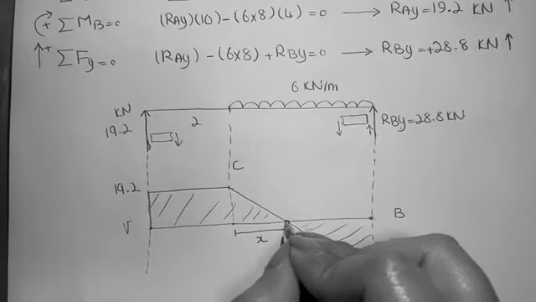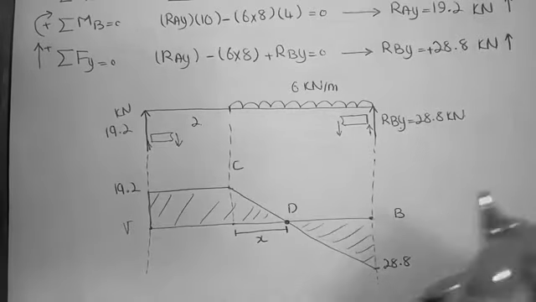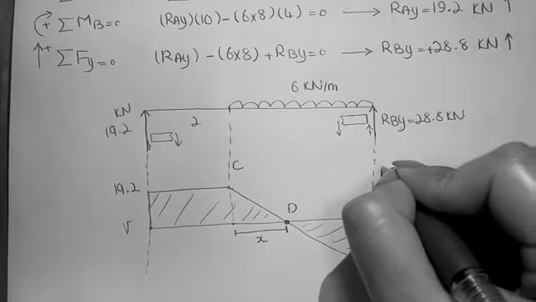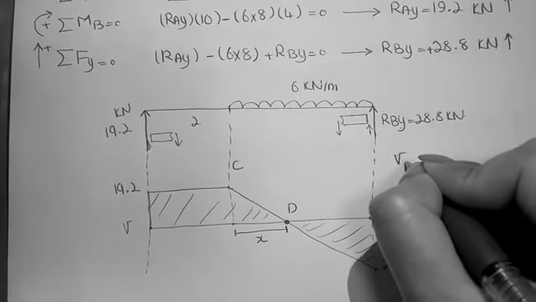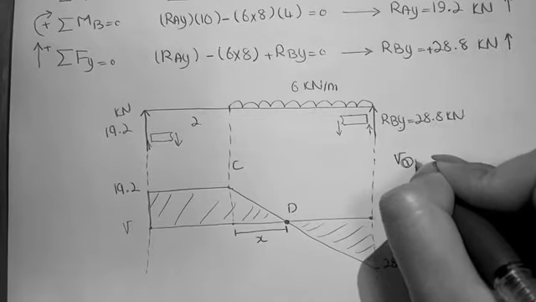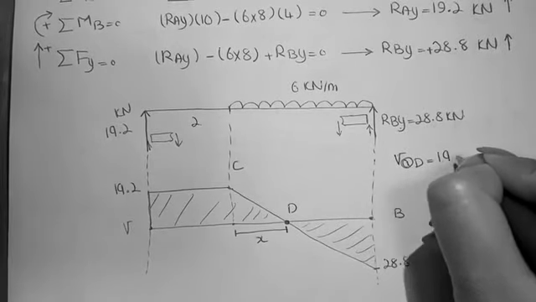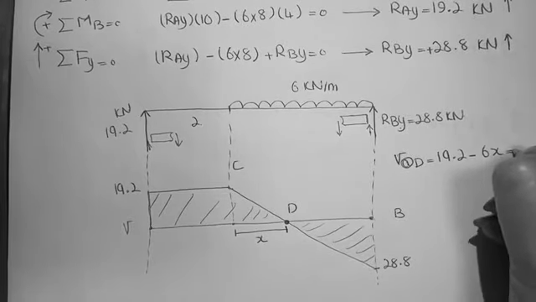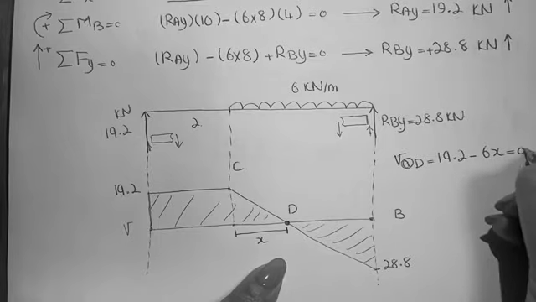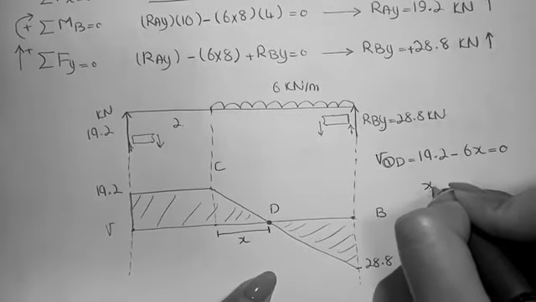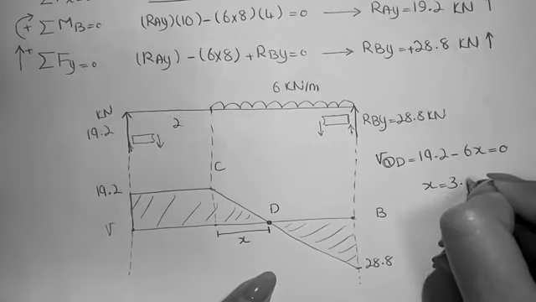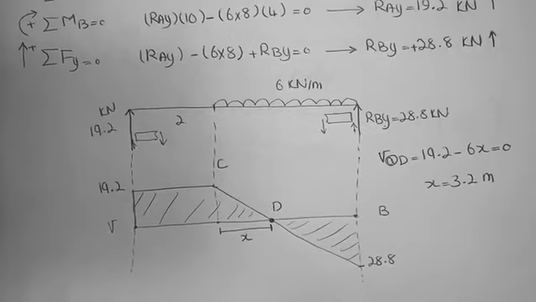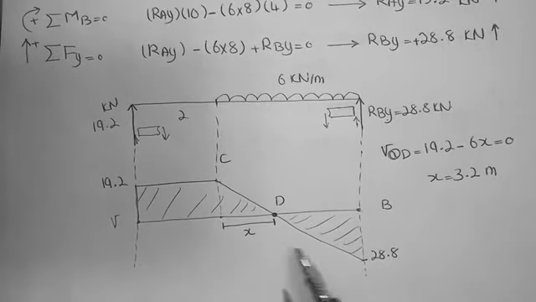So at this point, I'm going to name it D, V at D is 19.2 minus 6 times X, and it is obviously equal to 0. So from here, X is found to be 3.2 meters. And it is a critical point, obviously.